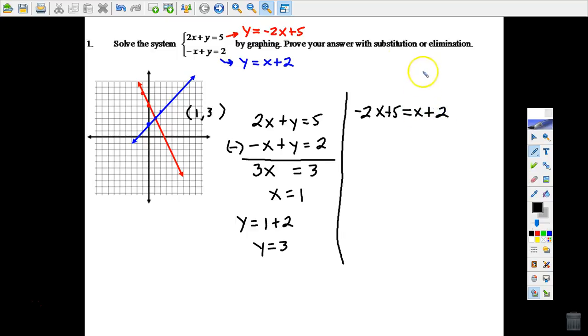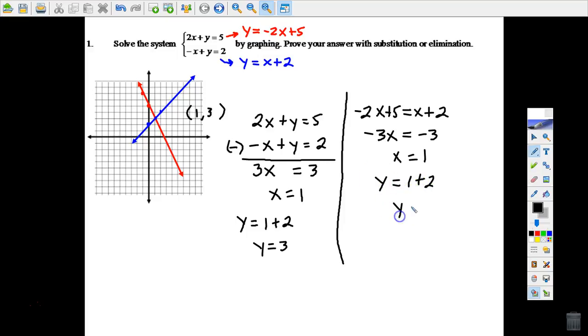So this is just an example of substitution. We substituted this red expression in for the blue y in the bottom equation. And now we just solve for x. So if you subtract x from both sides, that's negative 3x. Subtract 5 from both sides, that's negative 3. So x is positive 1. And of course, you would do the same thing to get y.